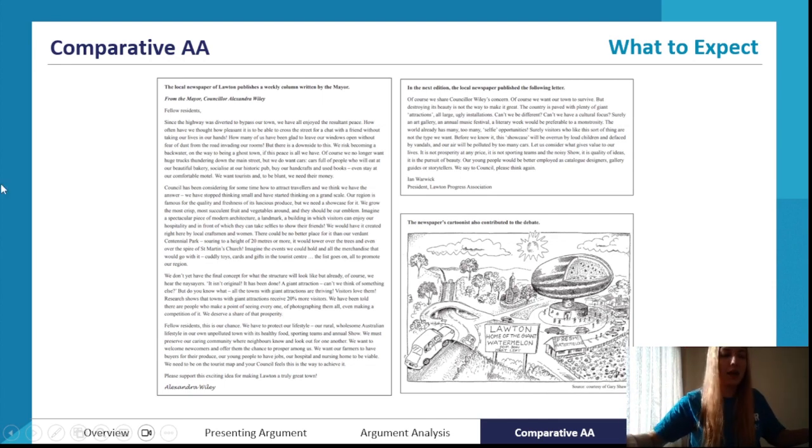I'd use that to then compare and find the differences and similarities based on argument, language, and intended effect from what I've read and planned, and jot down note points, some differences and similarities.